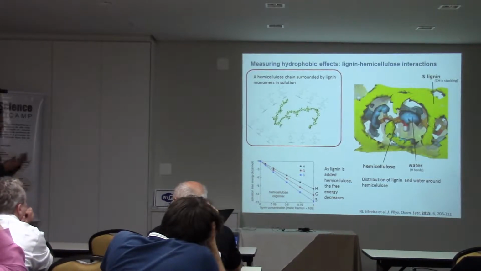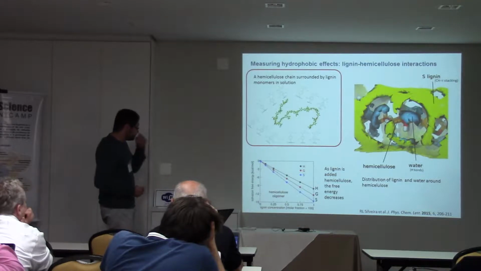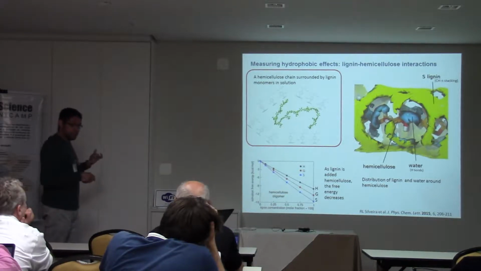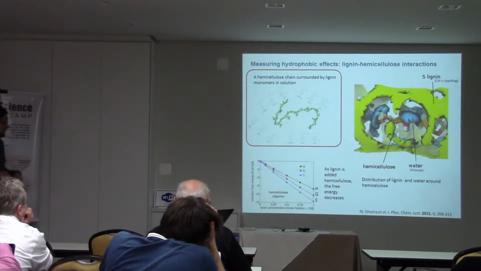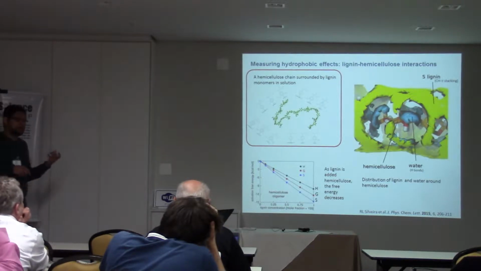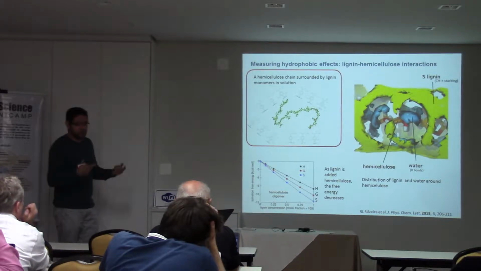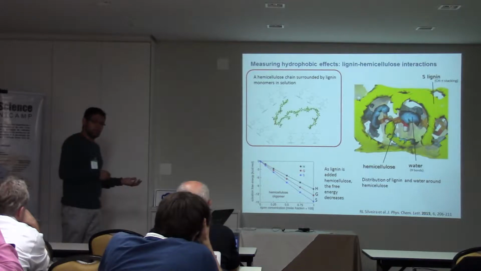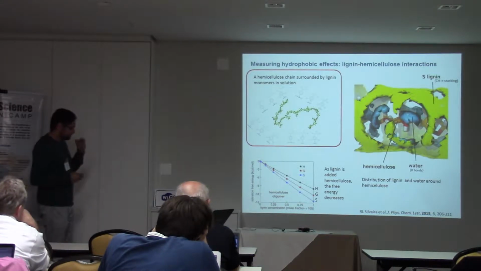Which means that lignin and hemicellulose have affinity to each other. And also I see that different lignins interact with different intensity with the hemicellulose. The S lignin, which bears more methoxy groups, interacts stronger with the hemicellulose than the H lignin that has no methoxy groups attached to the aromatic ring.